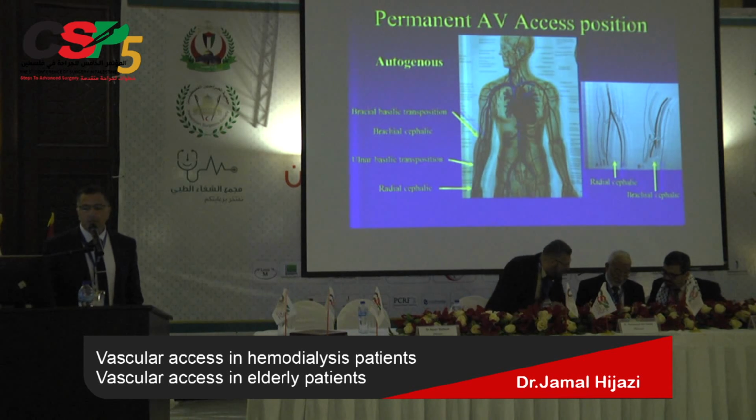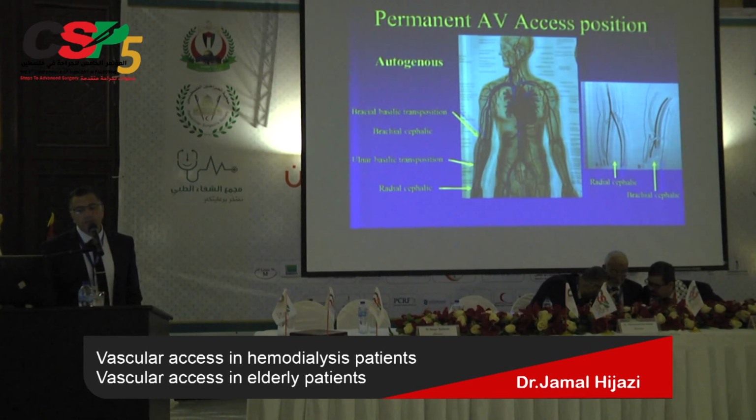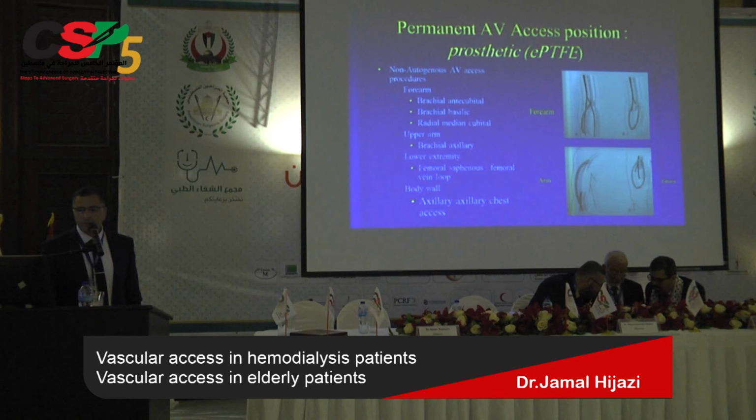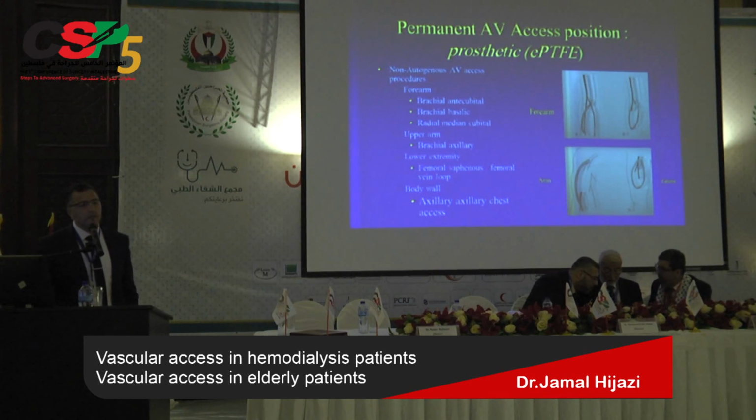If there is no superficial vein, we used to transpose the basilic vein in the forearm, also in the arm, superficialization of the vein. If we have no veins, we prefer to do brachiobasilic AV access with PTFE graft in forearm, or to do a brachioaxillary in forearm.